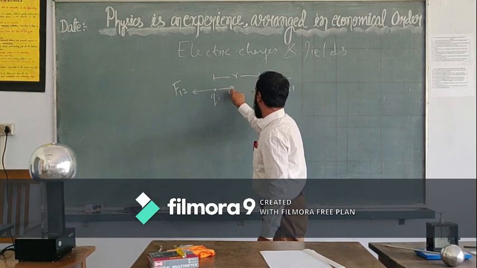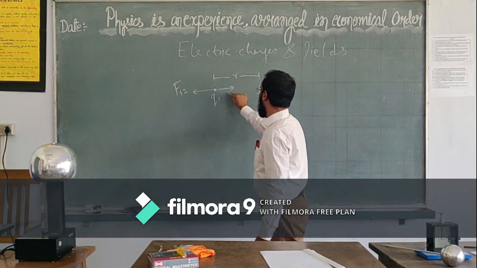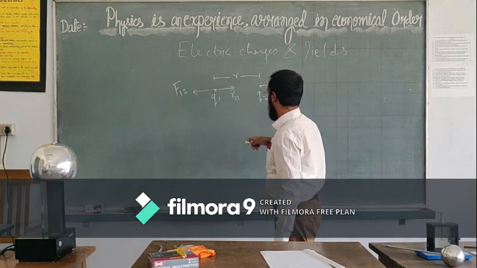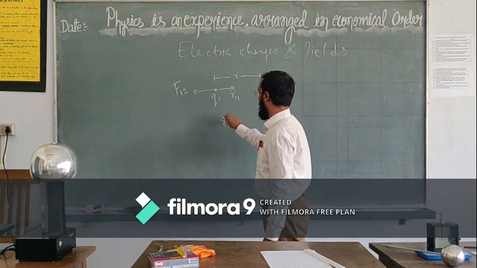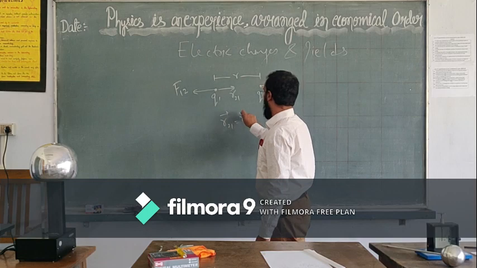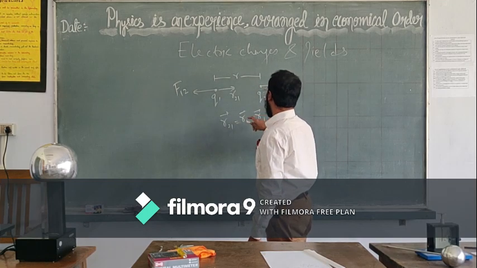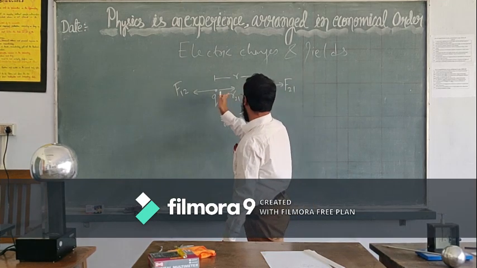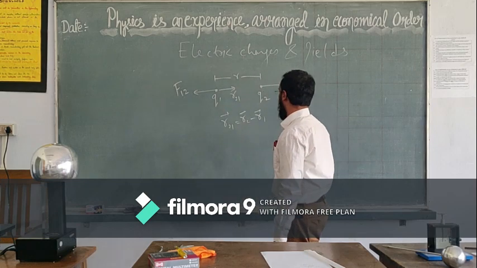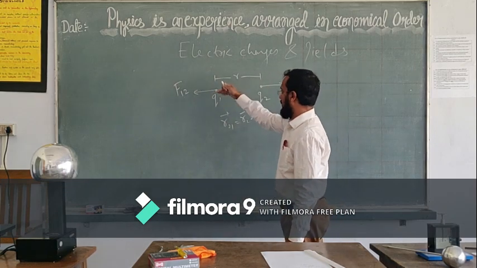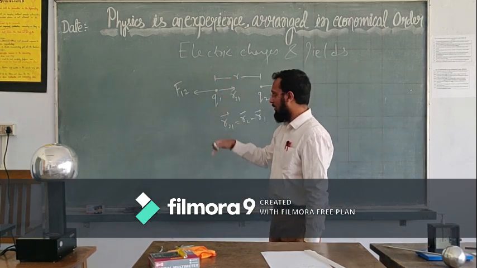Now this direction is r21, because according to vectors we just studied, r21 is r2 minus r1. So let us take this direction as r21, and this direction will then be r12.